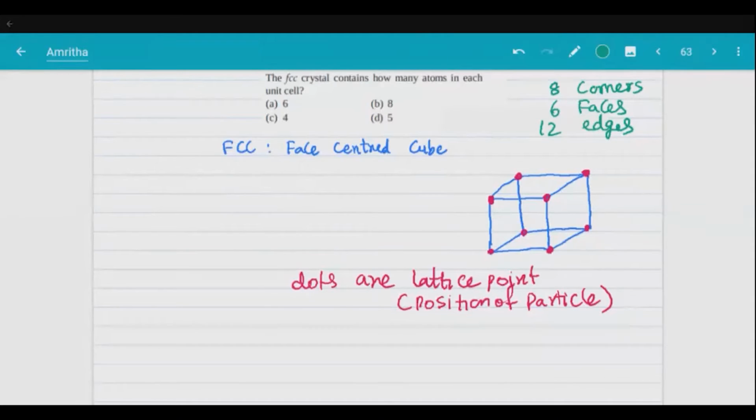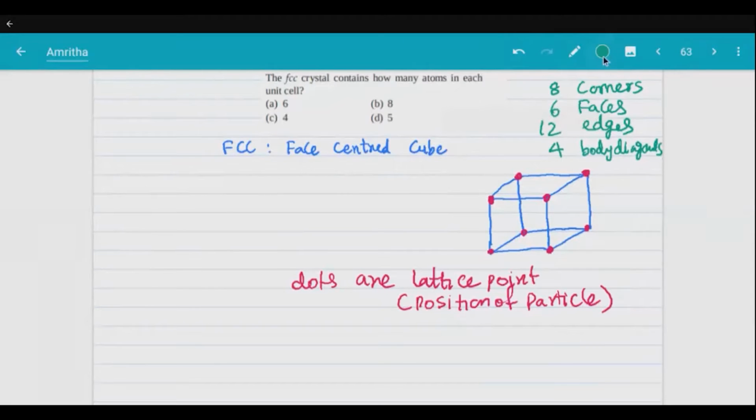Now just visualize imaginary lines. How many body diagonals from corner to opposite corner? Exactly 4. 8 corners are there, just connect opposite corners. So what you will get? 4 body diagonals.